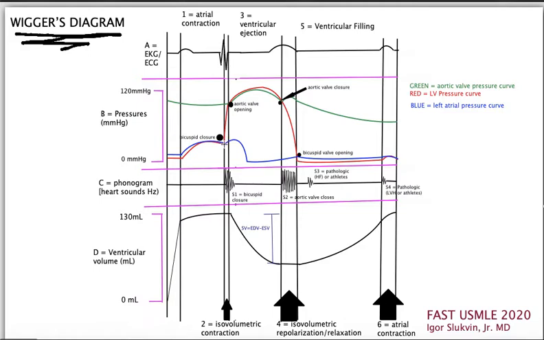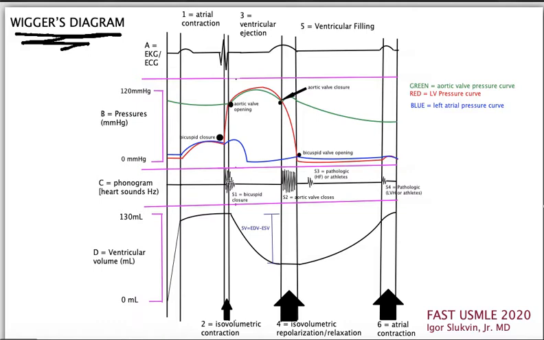And as you can see, the red pressure curve goes up rapidly in a small period of time. And when the left ventricular pressure exceeds that of the aortic valve pressure, the aortic valve opens.